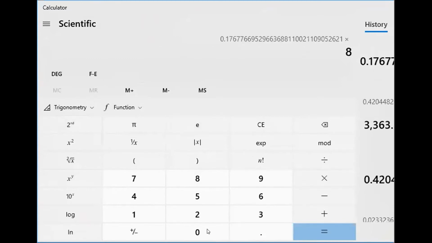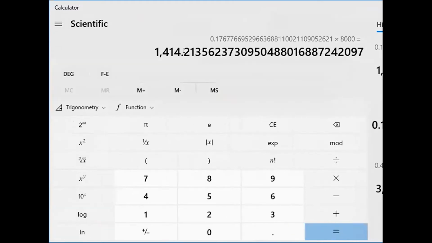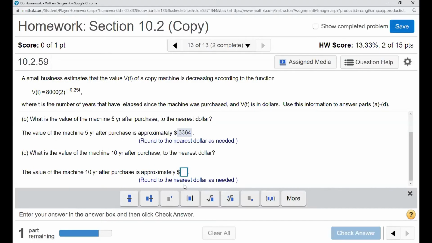We're supposed to round to the nearest dollar again. That 2 after the decimal point is going to round this down to 1,414. So $1,414.